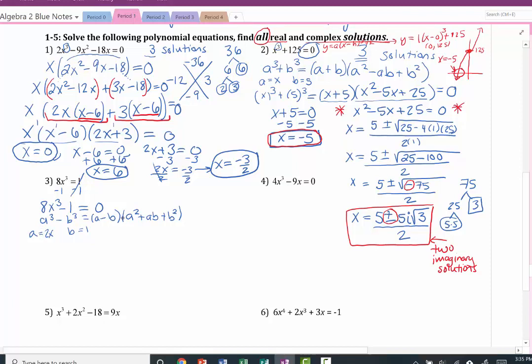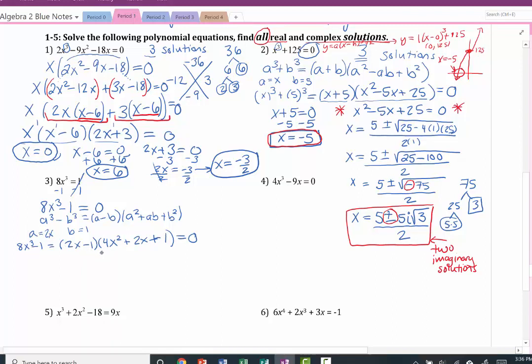So I plug in 2x for all the a's and then 1 for b. And so these would be my 2 factors: 2x minus 1, 2x squared, which is 4x squared, plus 2x times 1, which is 2x, and then plus, third sign is always positive, 1 squared, which is 1. So I have 1 linear factor, 1 quadratic factor, all of it being set equal to 0.